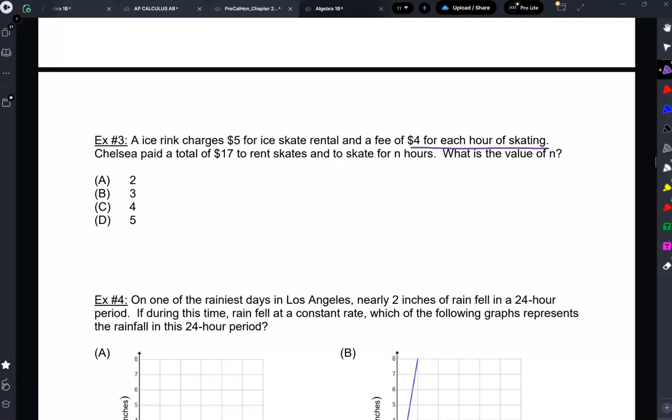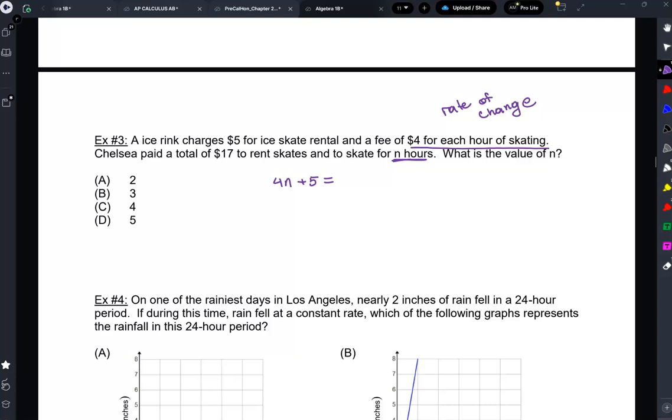So $5 for ice skates and 4 for each hour of skating. Now that's like a rate of change, right? So for each hour, and then we know that they skated for n hours. So that's going to be 4 times n. What else are we paying? The $5.